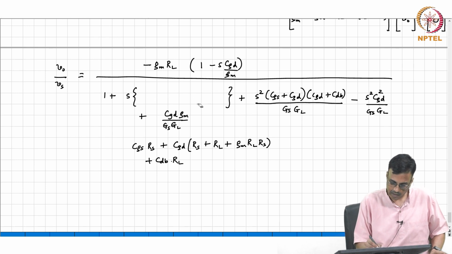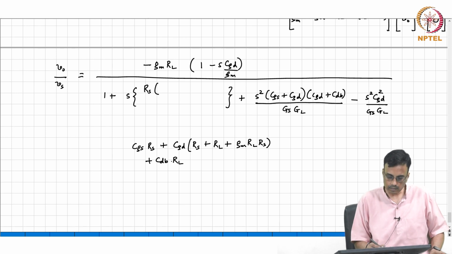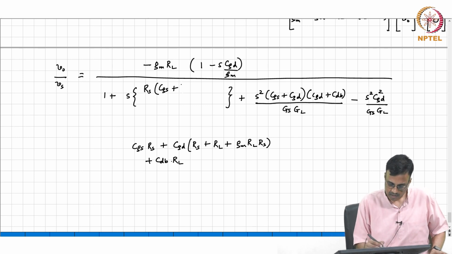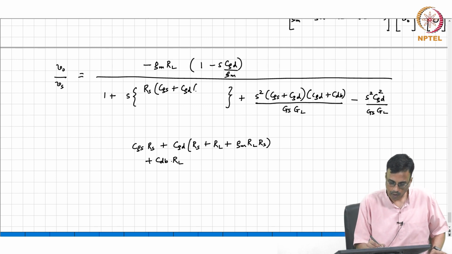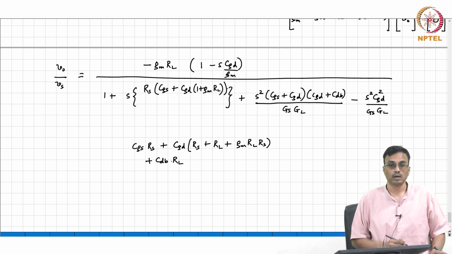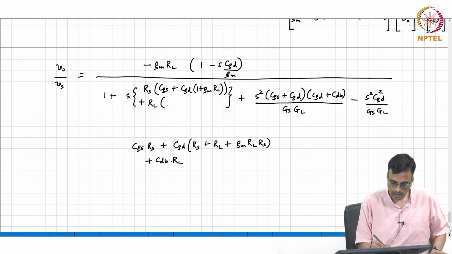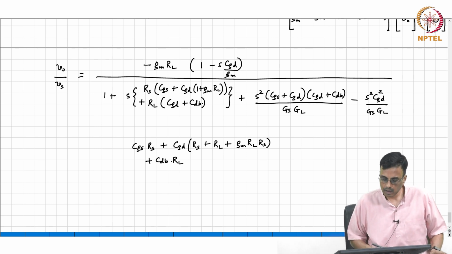Okay, so rather than do it this way, we can group terms with respect to RS. So, this basically is RS times CGS plus CGD times 1 plus GM RL, plus RL times CGD plus CDB. Okay.